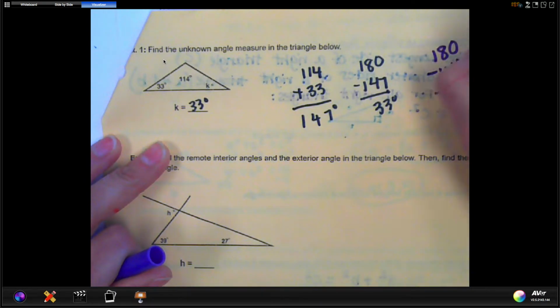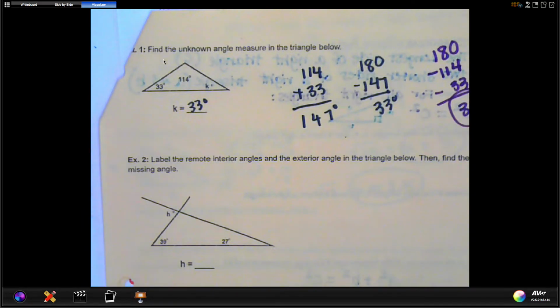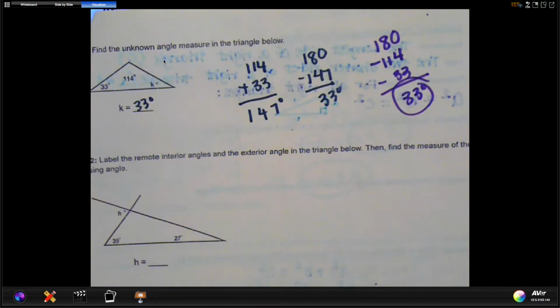You subtract twice and you will still get 33 degrees as your angle for K.